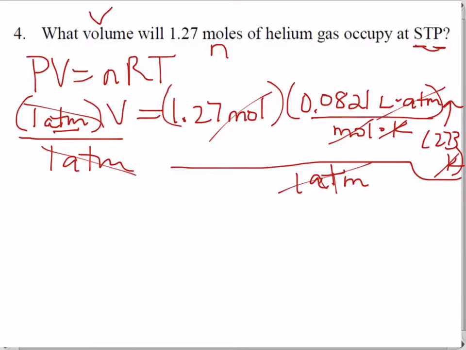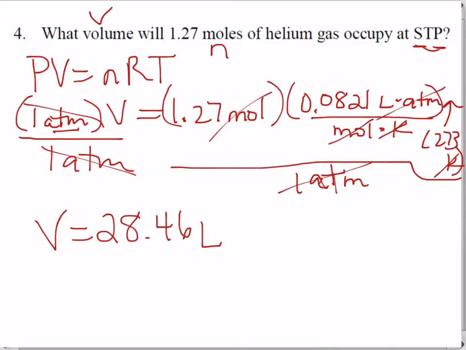That leaves us with our volume being liters for a unit. And we're going to take 1.27 times 0.0821 times 273. And when you multiply those numbers together, you get 28.46 liters.